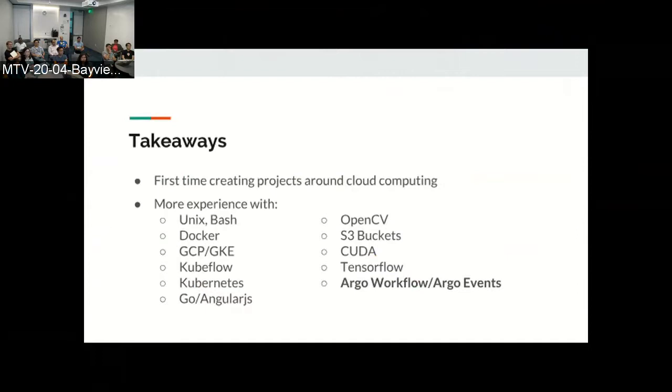We learned Kubeflow as well, Kubernetes, which was really important, and also some Go and Angular. We also got some experience using OpenCV, which is a really versatile computer vision library that will be really helpful in the future. We also got to use S3 buckets. We also used NVIDIA's architecture called CUDA. We used TensorFlow, and of course we used Argo Workflows and Argo Events.